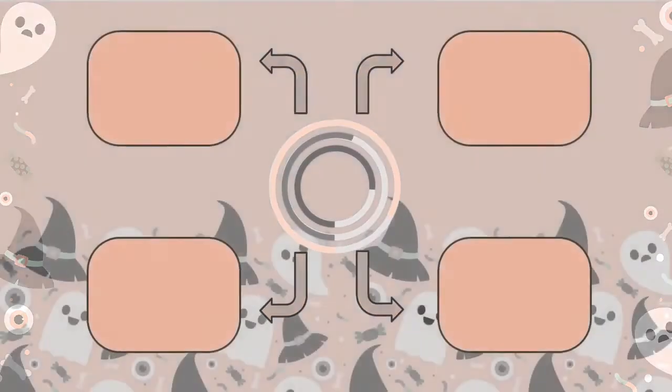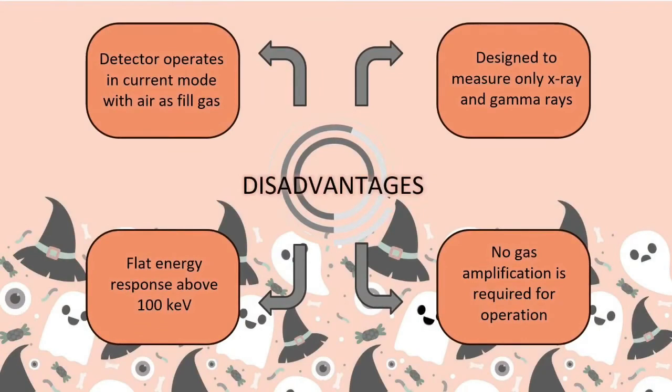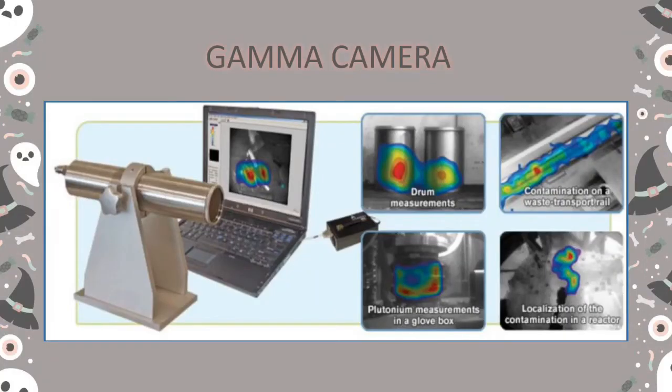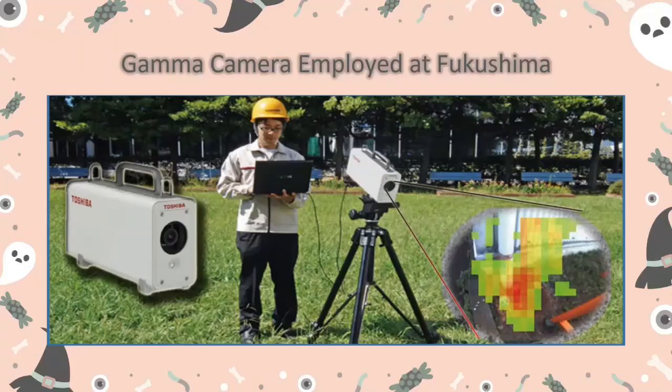The disadvantages are that the detector operates in current mode with air as the fill gas, has flat energy response above 100 kiloelectron volts, no gas amplification is required for operation, and it is designed to measure only X-rays and gamma rays. Lastly, due to technology development, the gamma camera has been created with a visual output to detect radiation. This is an example of a gamma camera employed at Fukushima, Japan.